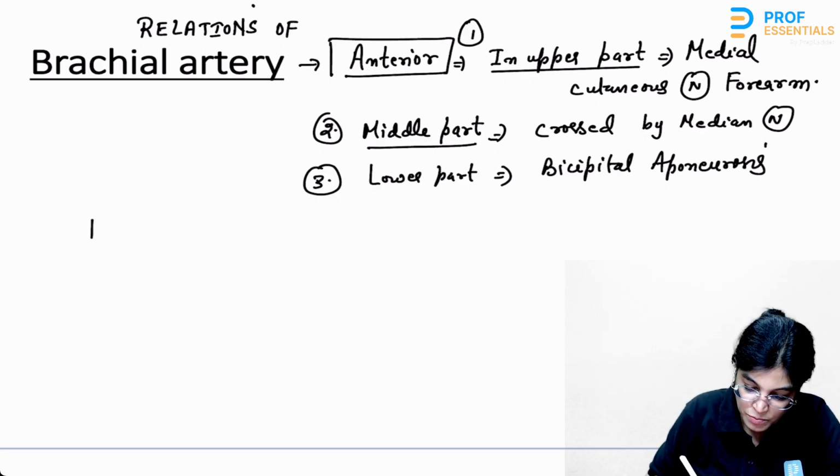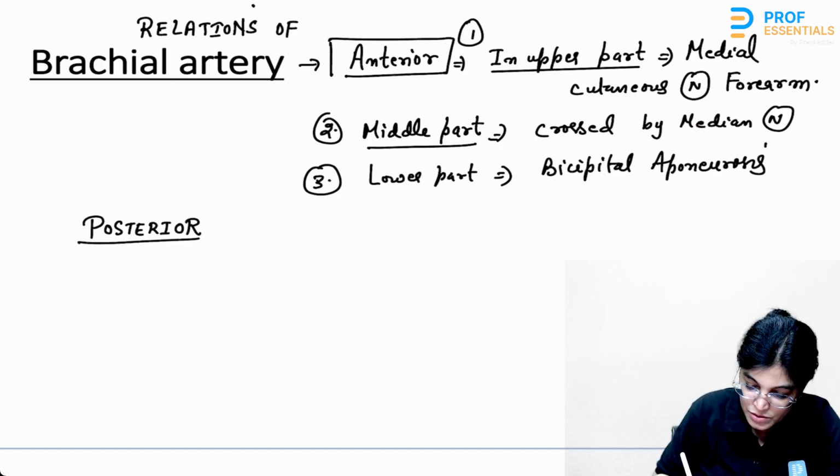Now let's talk about the posterior aspect. What structures lie posterior to the brachial artery? We have done the anterior. Now talking about the posterior.